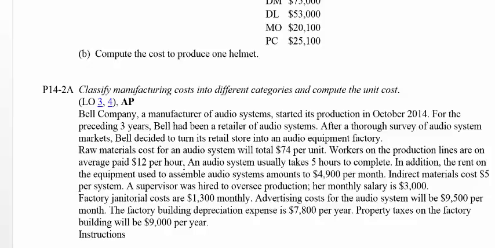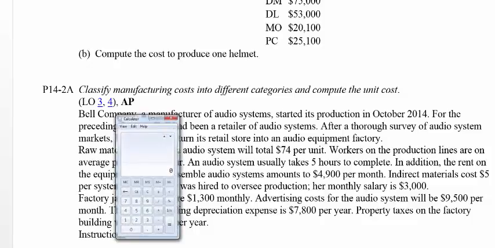These are the direct labor folks. And an audio system usually takes 5 hours to complete. So calculation number 2, $12 an hour times 5 hours per unit times 1,500 units means our direct labor is going to be $90,000 per month.